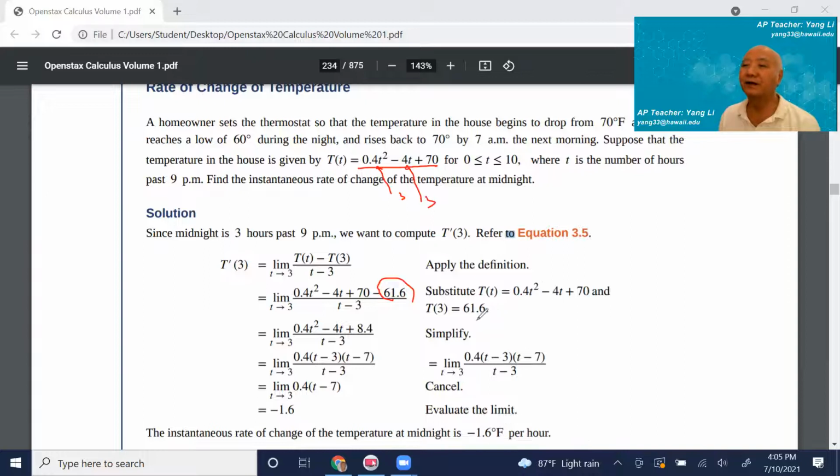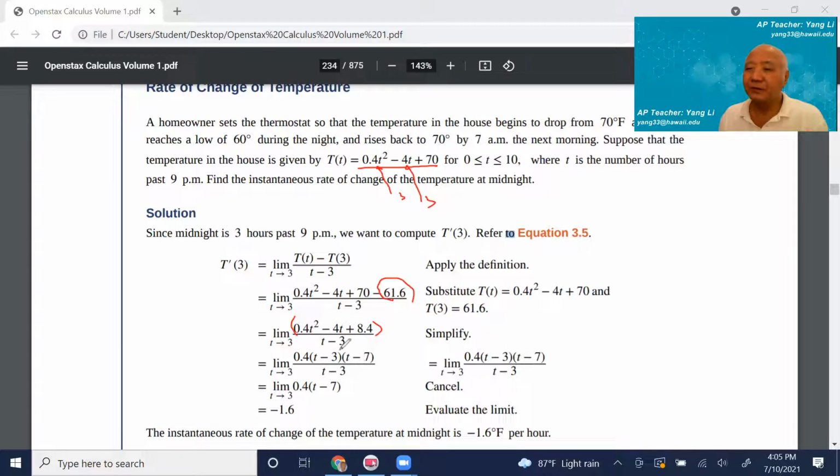You're going to have 0.4 times 3 squared, right? Use a calculator, minus 4 times 3 plus 70, you will get 61.6, exactly this one, okay? And then you simplify, you can get this now.